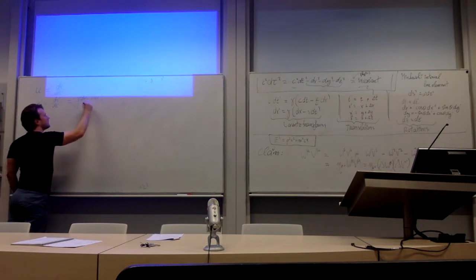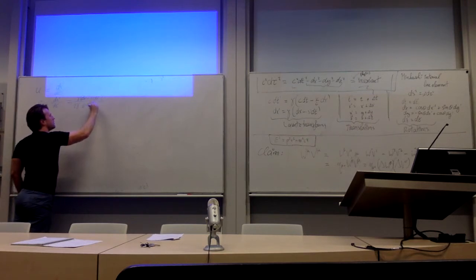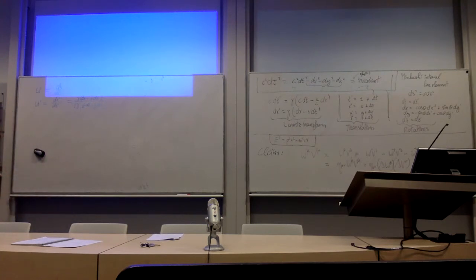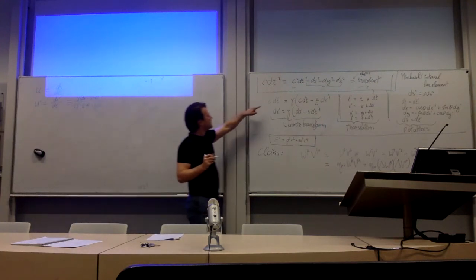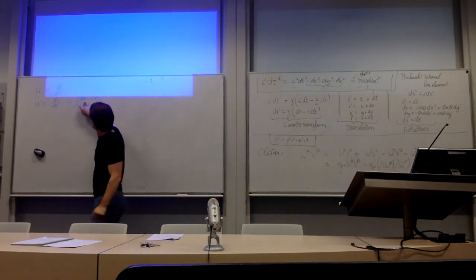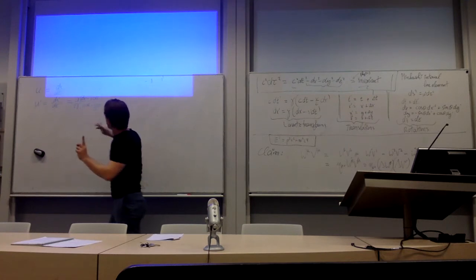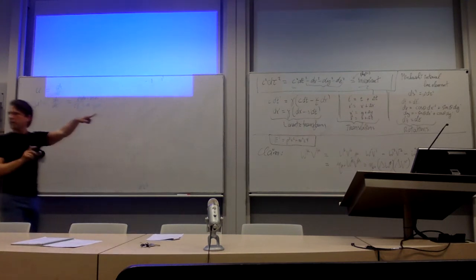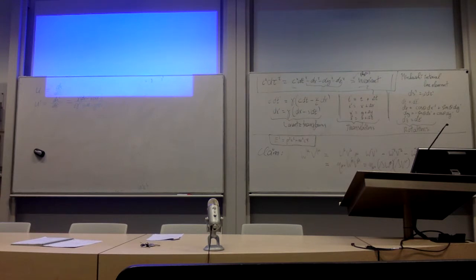People who know me from particle physics know that I tend to mess up my c's, just as I did before. Why is it 1 over c? This is probably one of my messing up of c's. Let's see. Yeah, it should be just 1 over c here. Yeah, but the one inside. What about that? You have 1 over c dt. Oh, so it should be this? That one, yes. That is correct. This is correct now, isn't it? Yeah. Okay, good. Let me continue on black for the viewers at home.